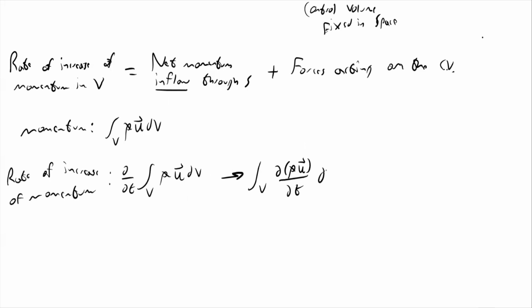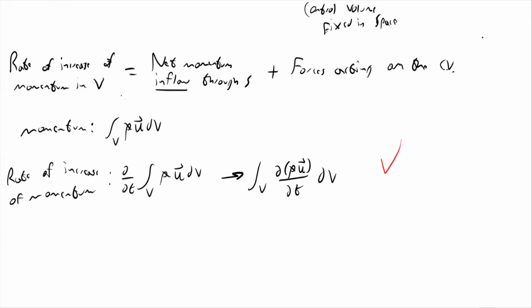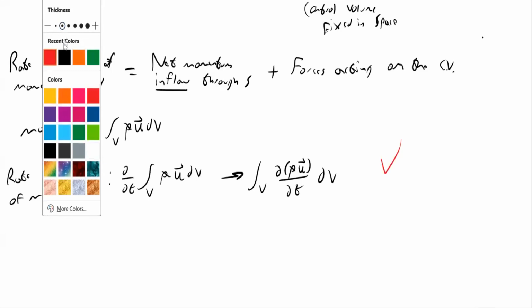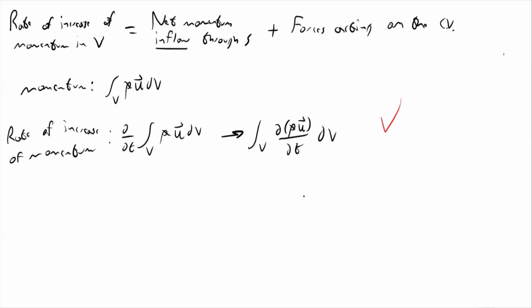Thus, we see that we have calculated the rate of increase of momentum in V as the volume integral of the time derivative of density times particle velocity.